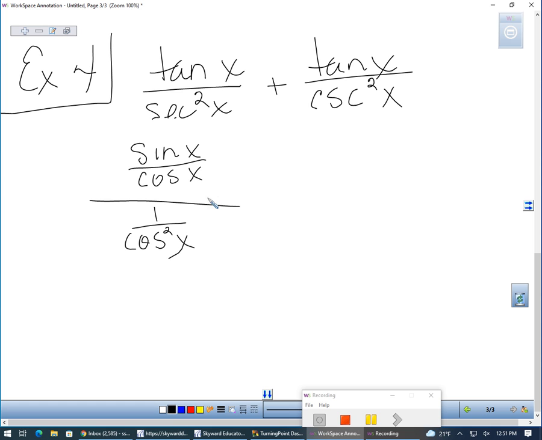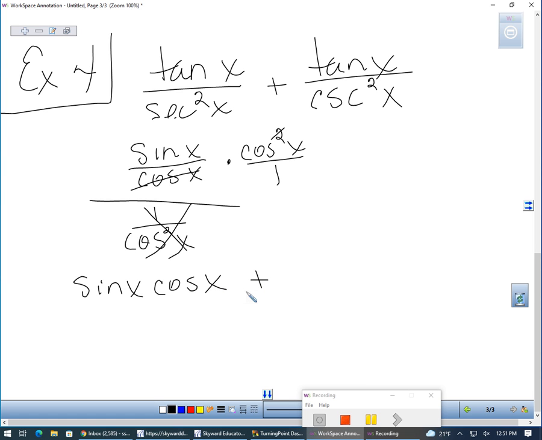To simplify a fraction over a fraction, I multiply by its reciprocal. So I flip this over: cosine squared x over 1. Then I can get rid of one cosine. So my very first term is sine x cosine x.